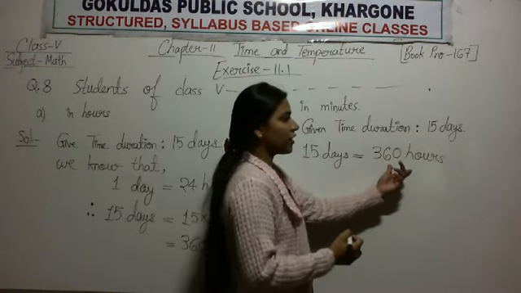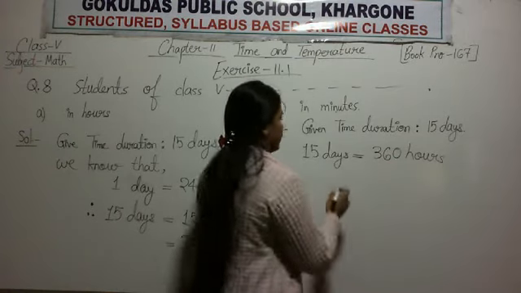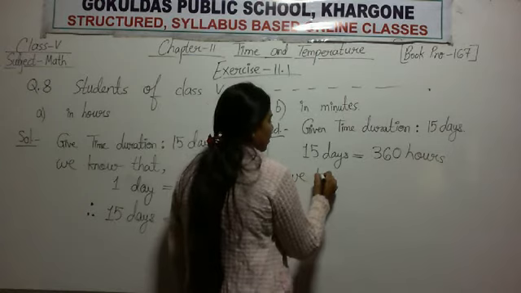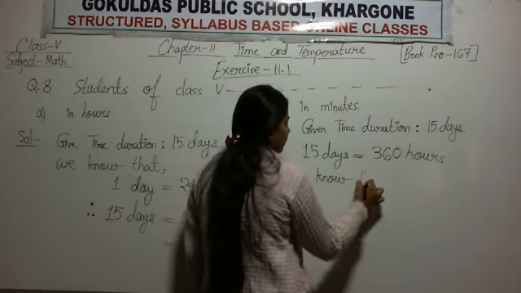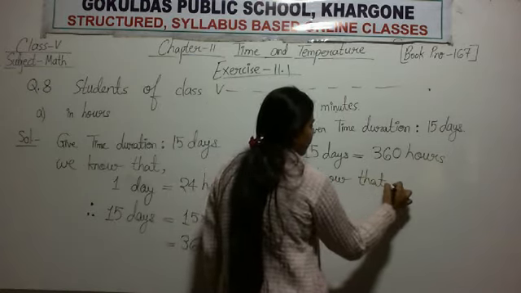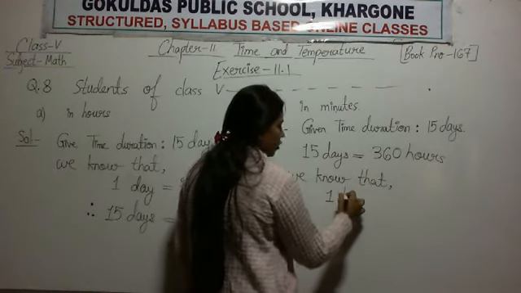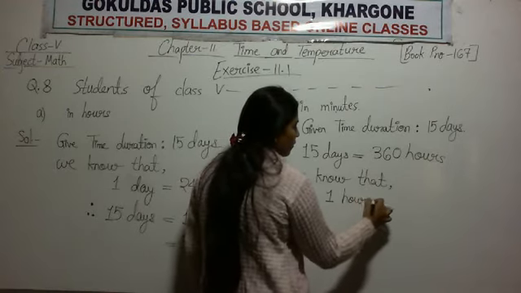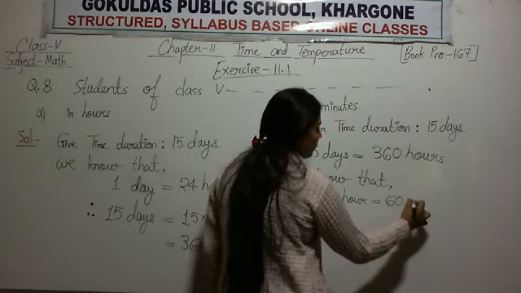Now we want to convert these hours into minutes. So I am writing here, we know that 1 hour is equal to 60 minutes.